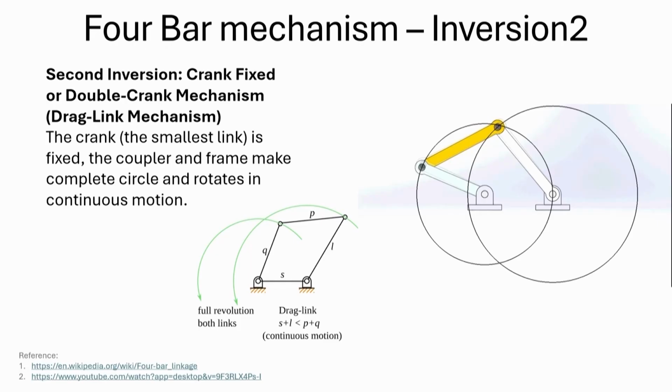There is a condition of course that you have to satisfy here, and if you now look at the system, you can see that the crank is fixed and it is the coupler and the frame that is creating this complete circular motion of the system. So, that is inversion 2 that is possible from such a system.